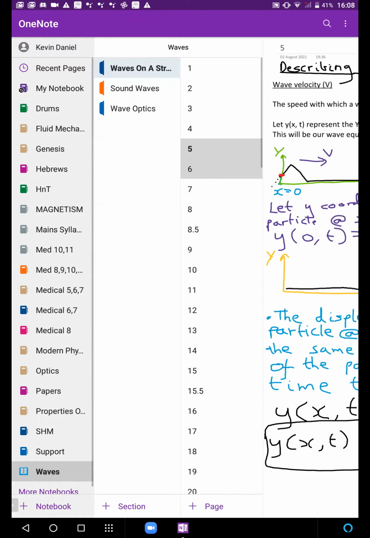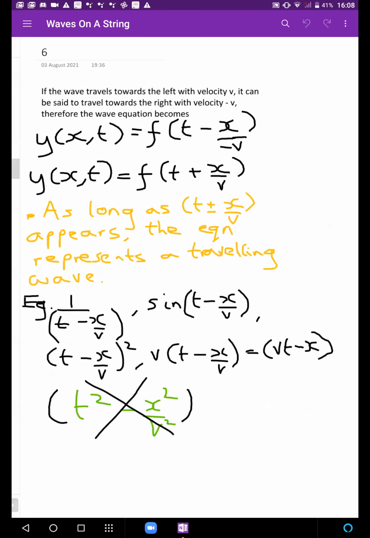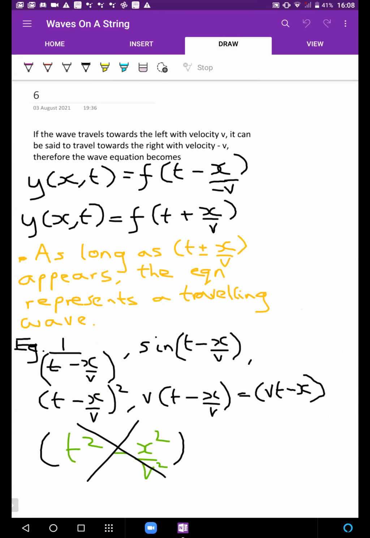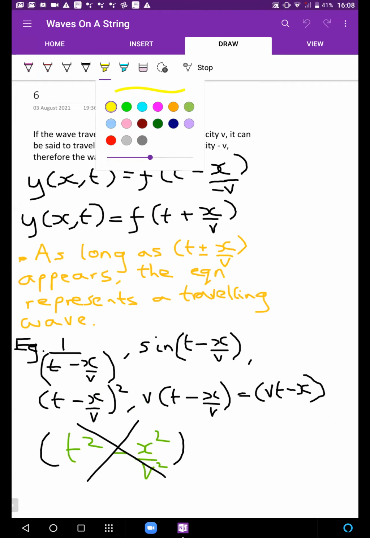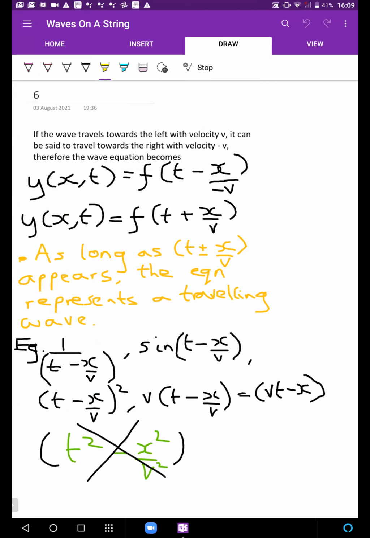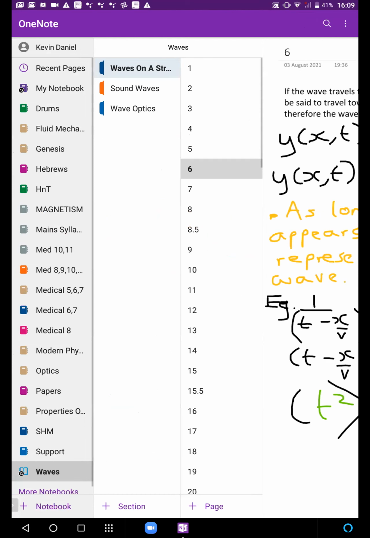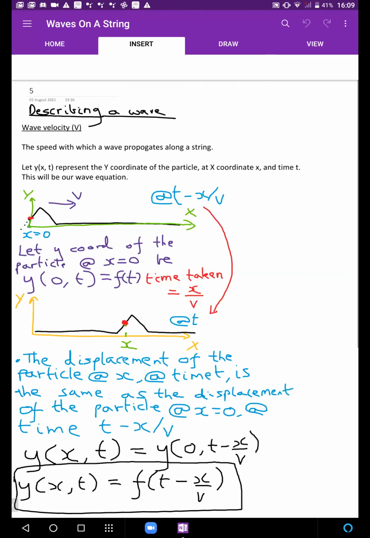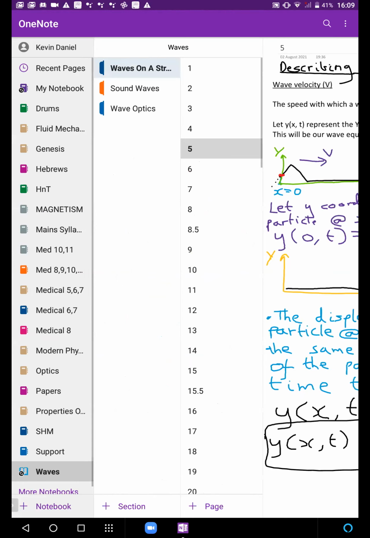Basically, when the wave equation is given to you, at the origin as a function of time, when you're told how a particle at the origin varies as a function of time, then from there, if you have to write the wave equation, the formula is: if that's f of t at the origin, then the wave becomes f of t minus x by v if the wave is moving along positive x, and f of t plus x by v if the wave is moving along negative x.